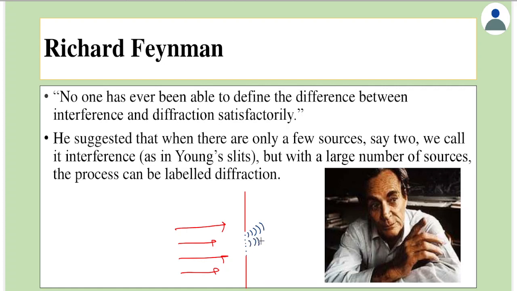These secondary wavelets would superimpose, giving rise to diffraction on the screen. So in that sense, each wavefront acts like a source. Again, to summarize, there is no clear boundary, because we can't always tell whether this is interference or diffraction, as many times they are interchangeable.